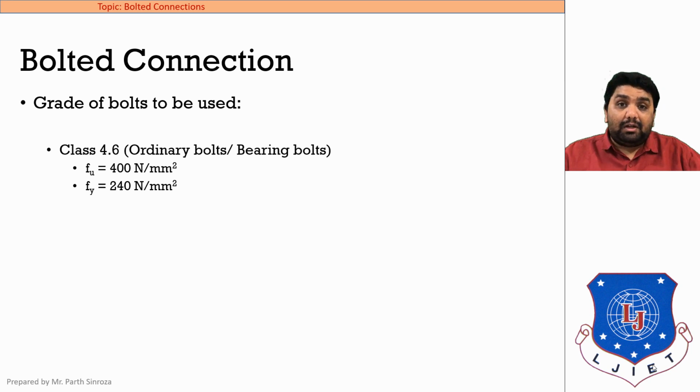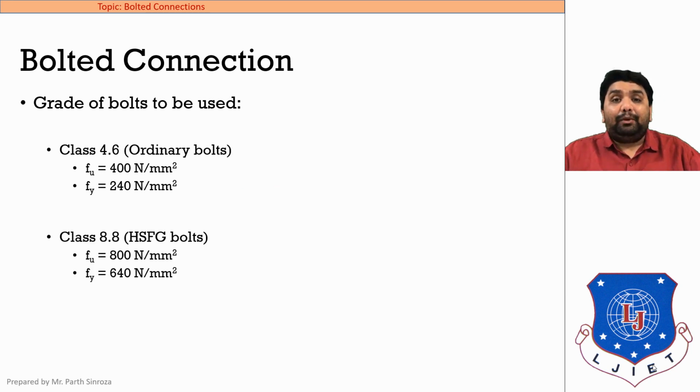This was the first grade of bolts that are being used. These are class 4.6, or you can say ordinary bolts, or bearing type bolts. The second category is class 8.8. These are of higher strength, used to resist heavier loads as compared to normal structures. Again the nomenclature is the same.